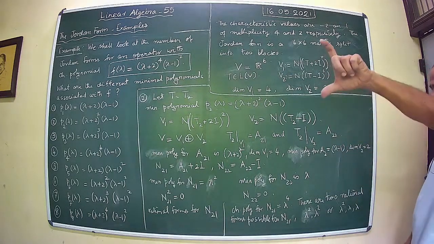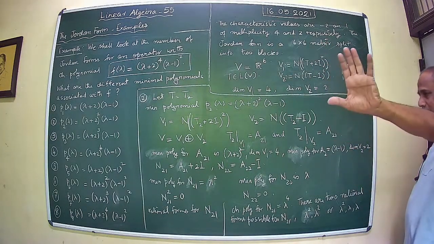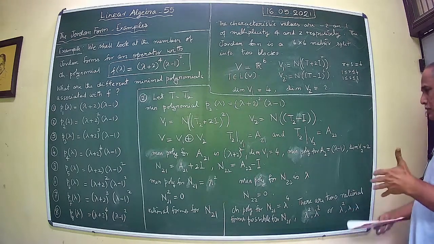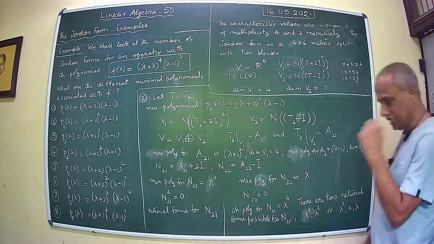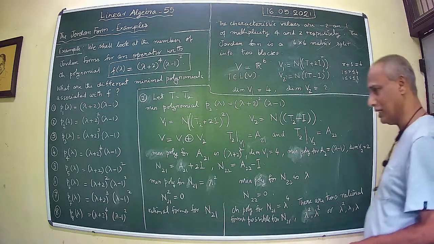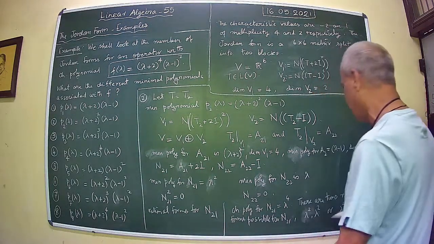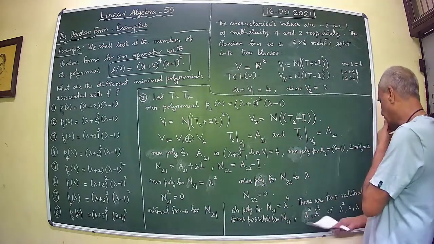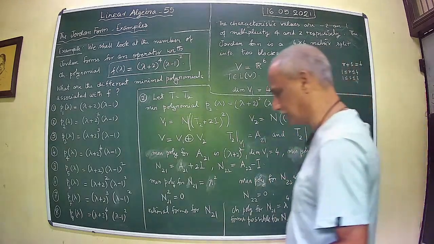So see, when you write down the rational form, you have got the corresponding minimal polynomial for the cyclic decomposition. You are writing down the cyclic decomposition. So these are the minimal polynomials associated with the blocks. Okay. So corresponding to each one you have a representation.